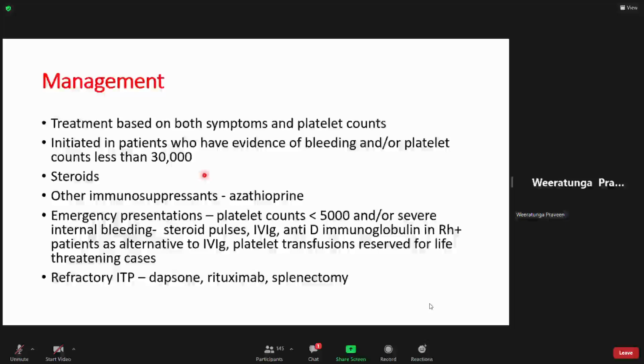In those situations you use steroid pulses, IVIG, and anti-D is given to some patients. And in some cases, when there is profound, dangerous life-threatening bleeding, platelet transfusions are also used. They are emergency presentations.